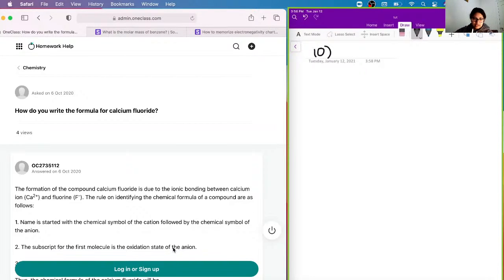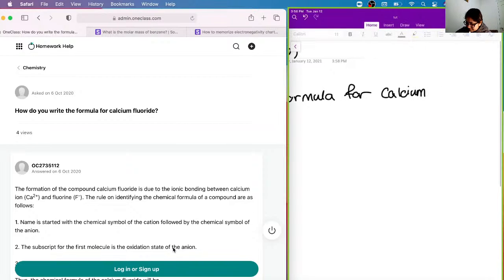Okay, so the next question says, how do you write the formula for calcium fluoride? So formula, calcium fluoride. Okay.